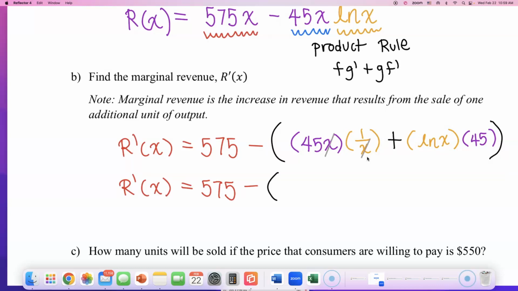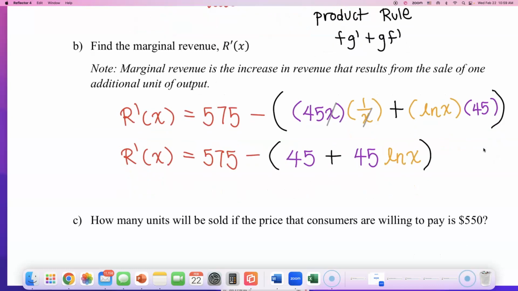So we only have 45 left. So I'll write down 45. All right, plus sign. And it says natural log of x times 45. So there's really nothing I can do about that. I'll write down the 45 first, and then I'll write down that natural log of x after it. And I think we can factor out that 45.